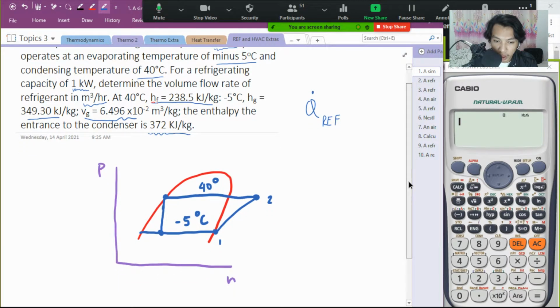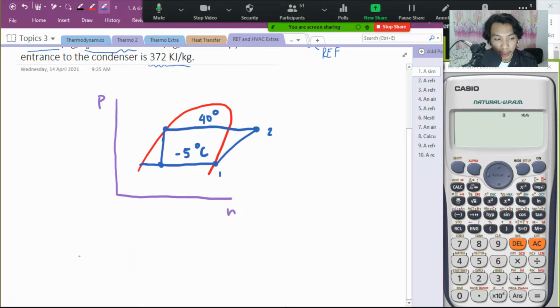Pero commonly, di ba ang binigay sa'yo dito, meron kang QA or refrigerating effect. M, refrigerant, multiplied to H1. Dito nang gagaling yun, di ba? QA. Sa part na ito. H1, tama ba?